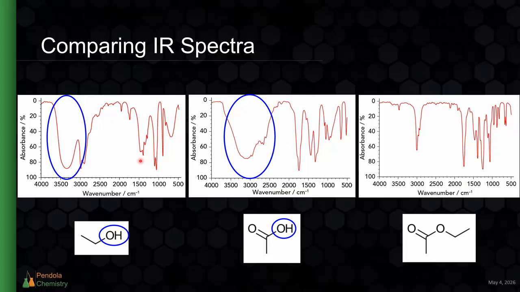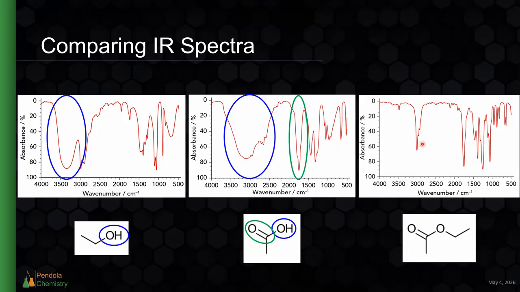But we don't only have that, like we do in both of these, because otherwise it will be the same compound, essentially. Notice that we also have this very deep, narrow peak at around 1,700. That is a textbook carbonyl peak, the carbon double oxygen peak. Notice that that peak in the alcohol, which doesn't have the carbonyl group, is completely missing. There is no 1,700 very deep, narrow peak in the alcohol because it doesn't have a carbonyl bond.